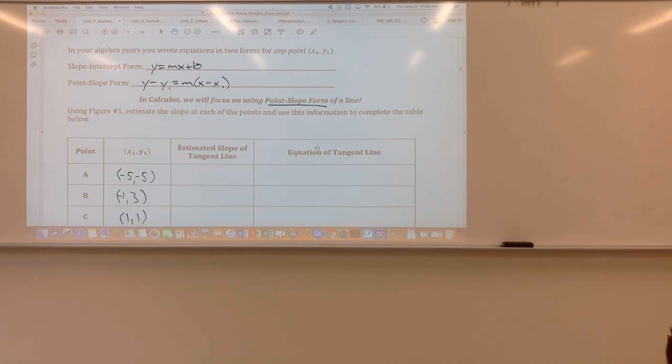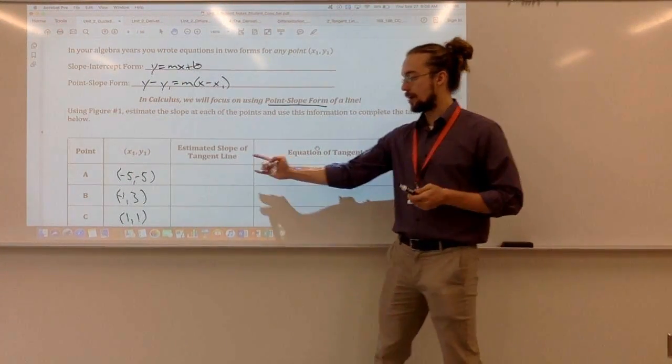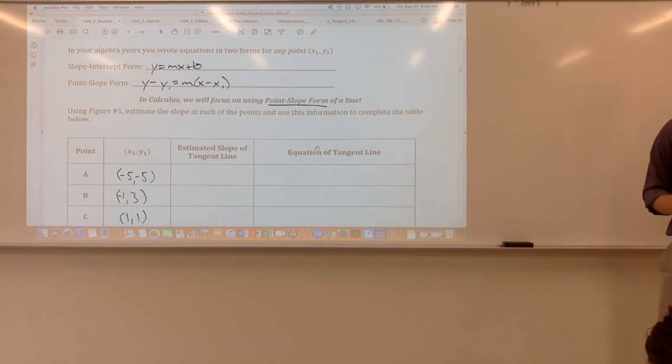So now, let's estimate the slope of the tangent lines that we sketched out. So for A, what does it appear approximately that the slope of that line is?